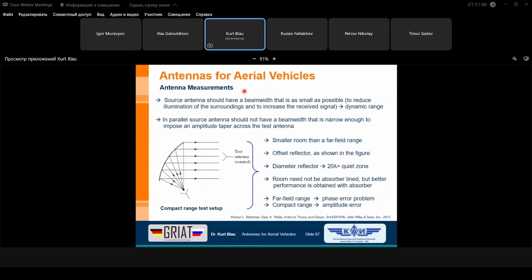The antenna can move a little bit, and especially in the case of high gain antennas, this small movement also influences our measurement results. So also under these conditions, we have to check before we start such a measurement in nature.